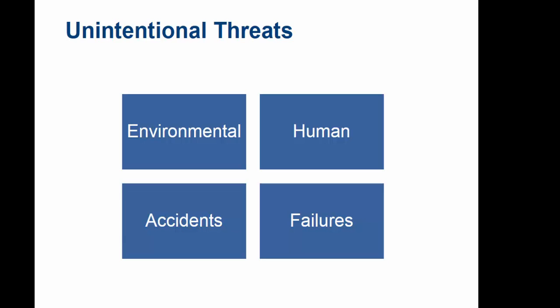So basically a threat is any activity that presents a possible danger. This includes any circumstances or events with the potential to adversely impact confidentiality, integrity, or availability of a business's assets. So let's move on to the next slide.